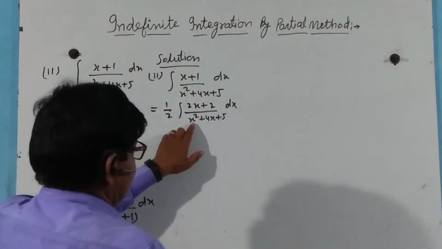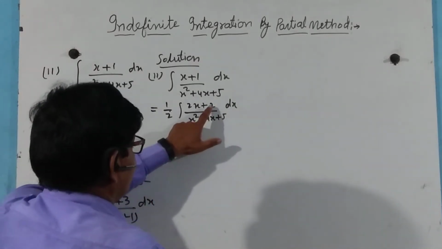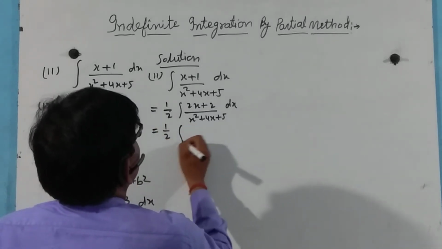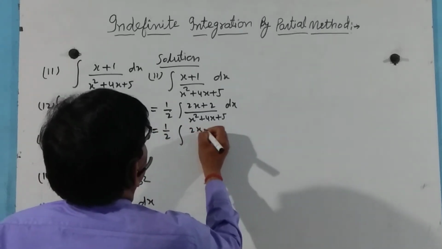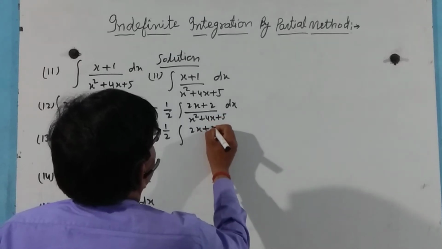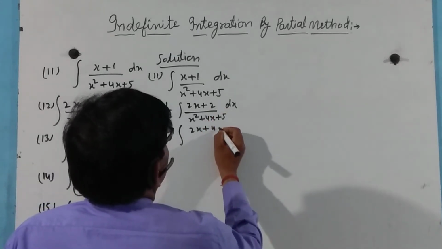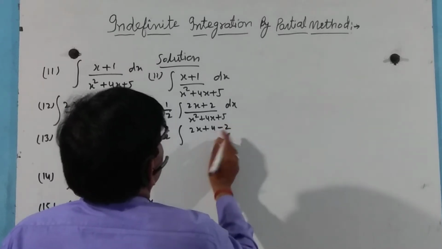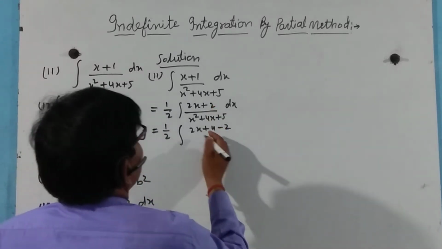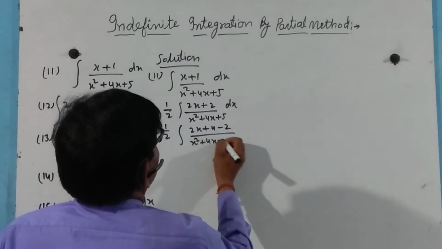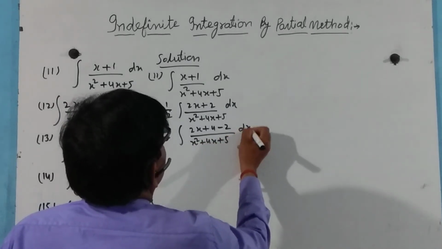Now differentiating it gives 2x plus 4, so that here comes 4. Now 1 by 2 integration of 2x plus 4. Add 2 here so that we subtract 2: 4 minus 2 equal to 2. So this is over x square plus 4x plus 5 into dx.